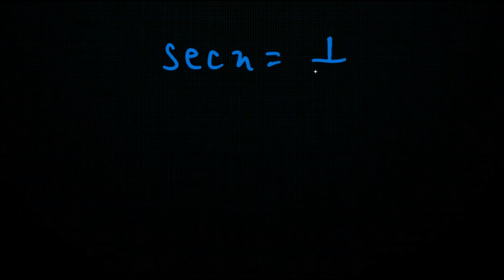The other identity is secant x equals 1 by cosine x.